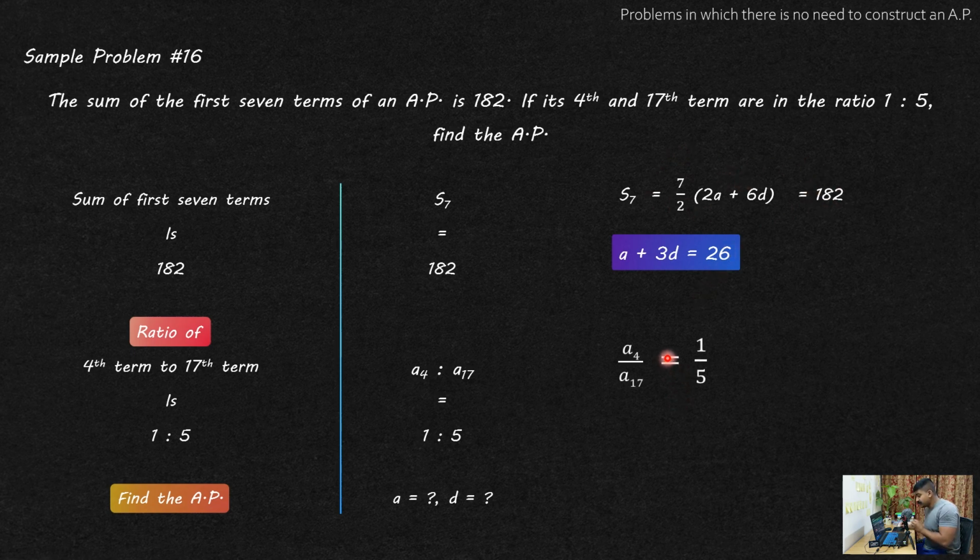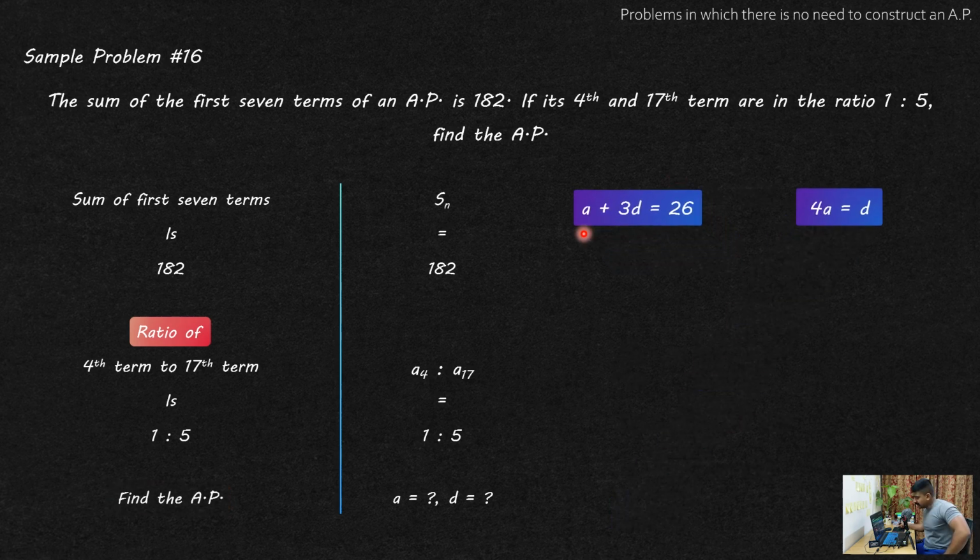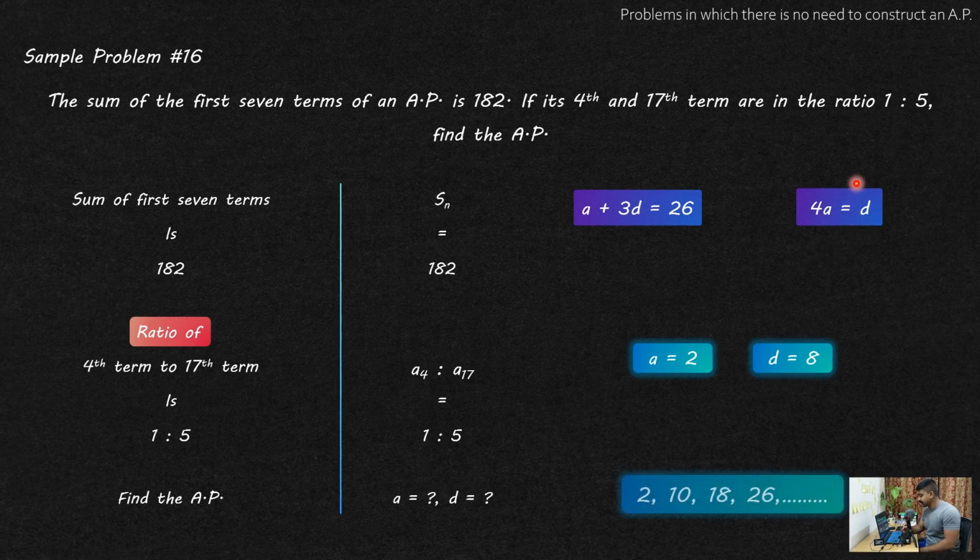Now the ratio of 4th to 17th term is 1:5, or A4 upon A17 equals 1 upon 5. After you cross multiply, you will get a very simple equation, 4A equals D. Now we'll place these two equations side by side, and then solve for A and D. So A is equal to 2 and D is equal to 8. So our resulting AP is 2, 10, 18, 26 and so on.